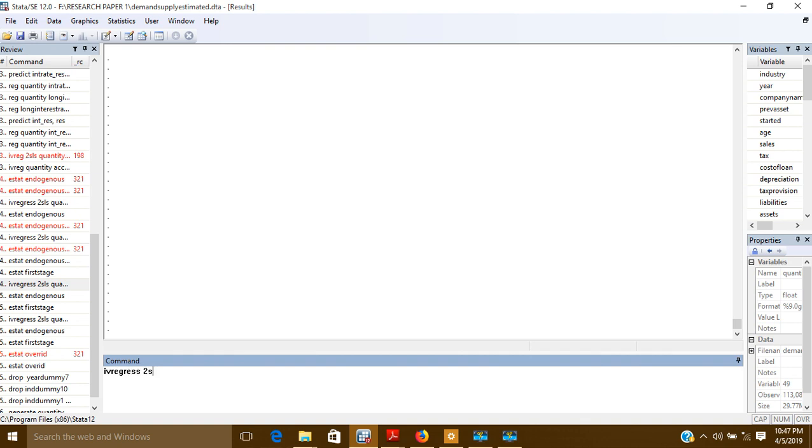ivregress 2SLS. Then I will write the quantity because that was on the left hand side, and quantity is equal to, so for now we will write the right hand side equation.